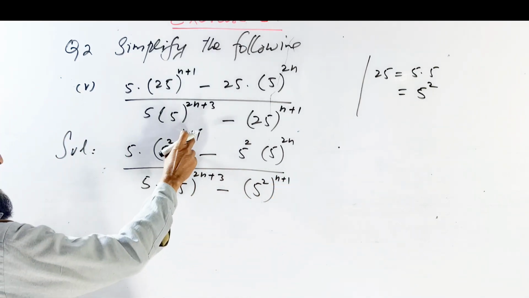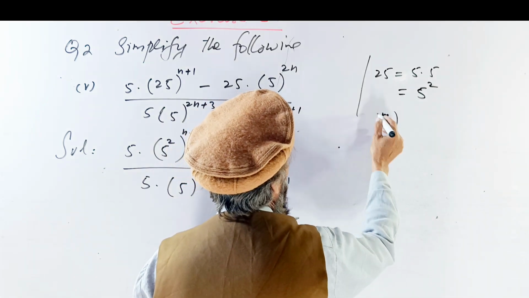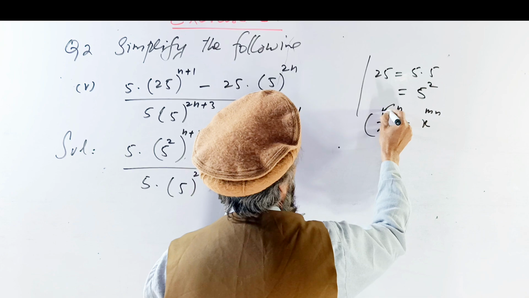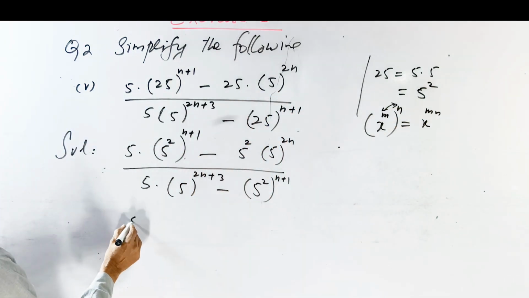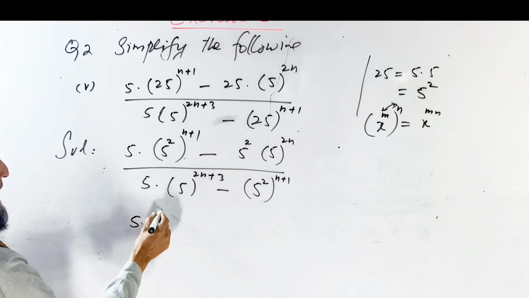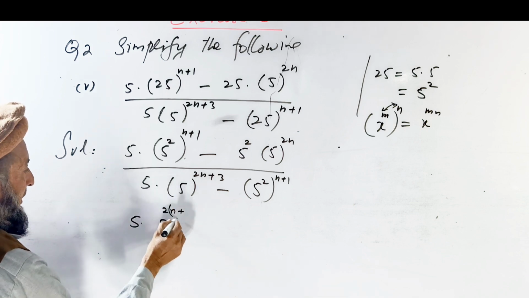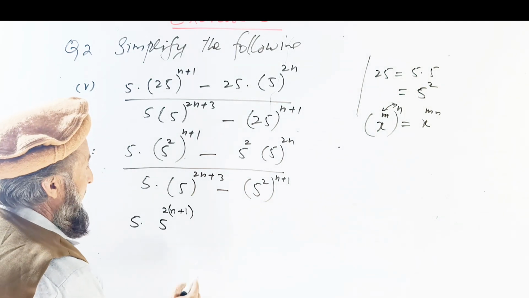Now according to the double exponent rule, x power m power n is x power mn, we multiply these two powers. According to this, we open this one: first we multiply 2 and n plus 1, giving 5 power 2n plus 2.